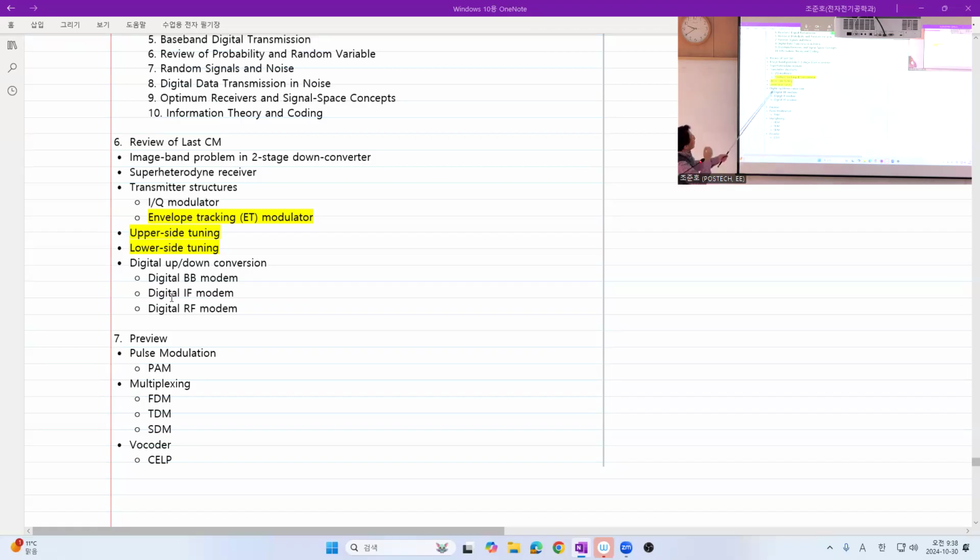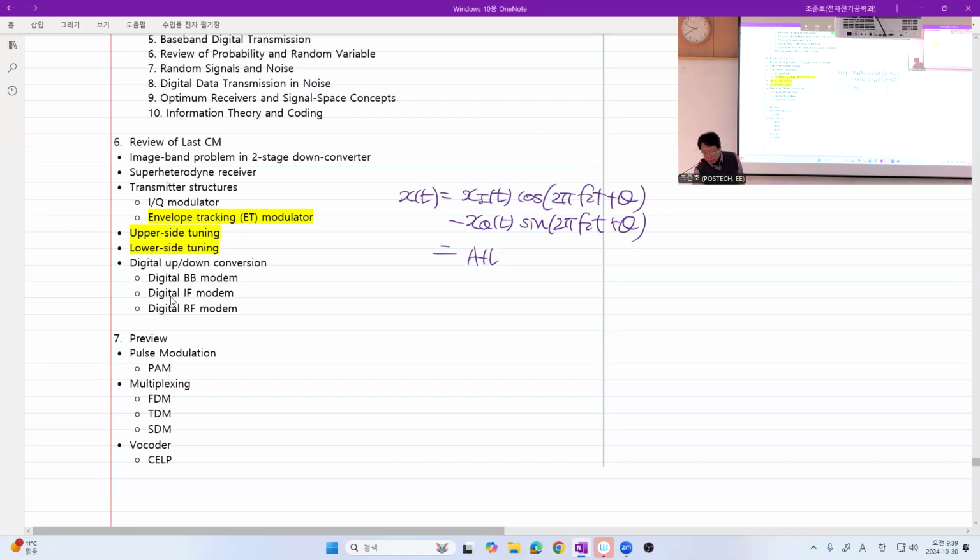Anyway, in addition to this IQ modulator and demodulator, motivated by the representation of a real valued bandpass signal as the sum of in-phase and quadrature components, we may have another alternative formula which utilizes the amplitude and angle, like this.